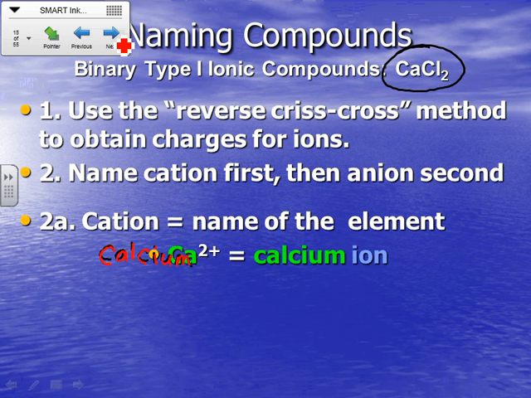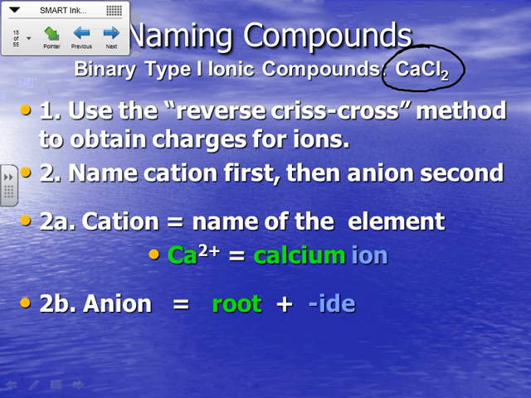Now, the anion, you have to do a little bit differently. You take the root of the word and then you add IDE to the end of it. You guys have done this before without realizing it.